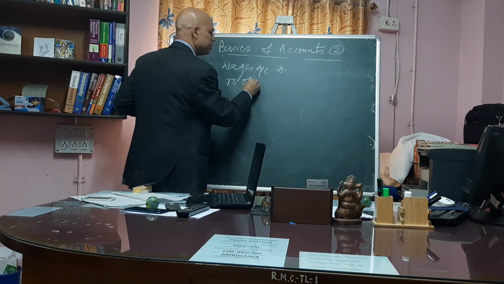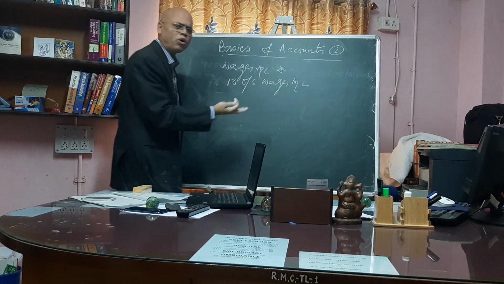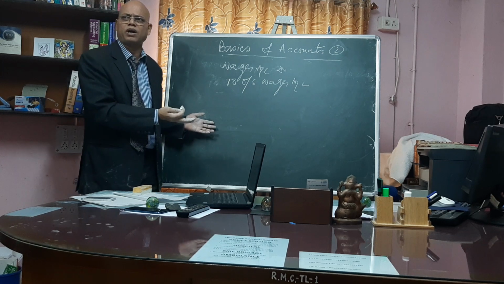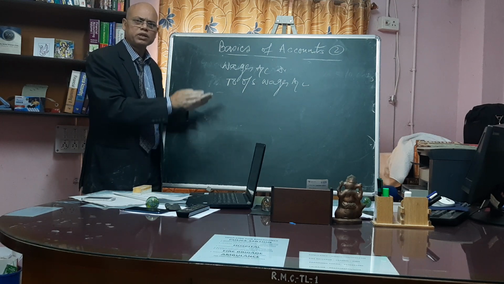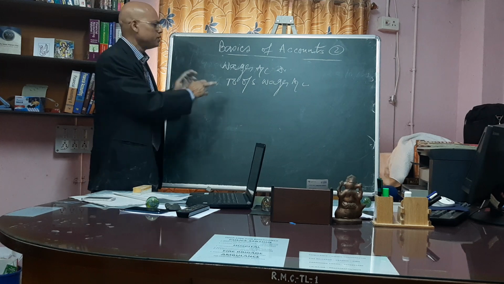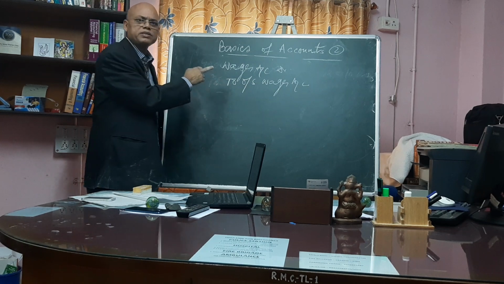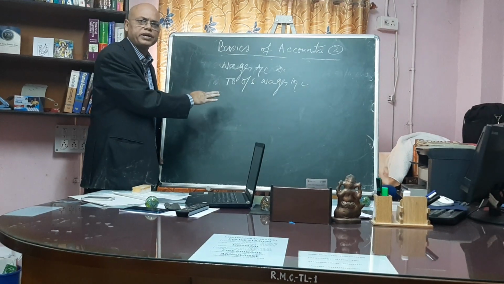Therefore, outstanding wages account credit. Here there is no concept of representative personal account. That is not necessary at all. Here the important thing is natural balance. Wages natural balance is debit, therefore increasing, wages account debit. Outstanding wages natural balance is credit, it is also increasing, that's why credit.